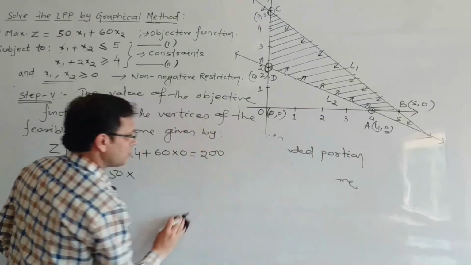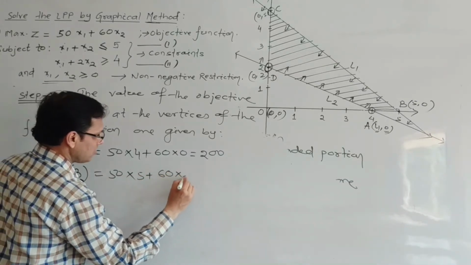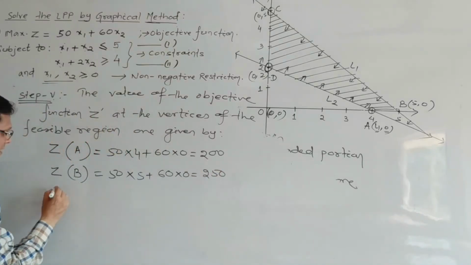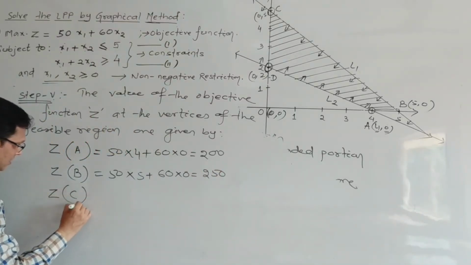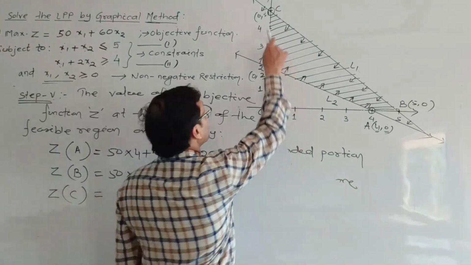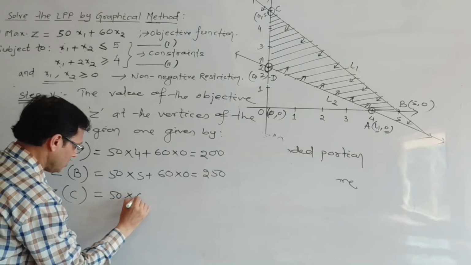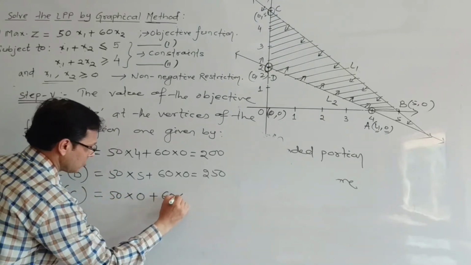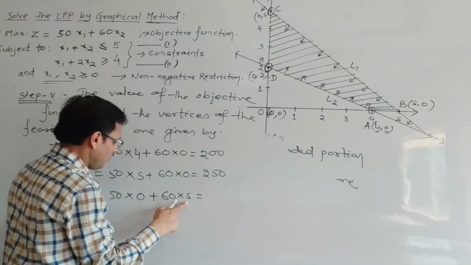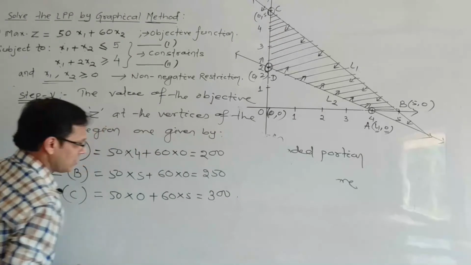So 50 into 5 plus 60 into 0, that is 250. Next, z at C. The coordinate of C is (0, 5). x1 is 0 and x2 is 5. So 50 into 0 plus 60 into 5, that is nothing but 300.